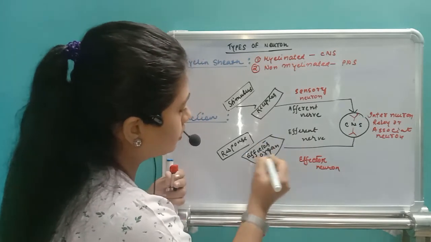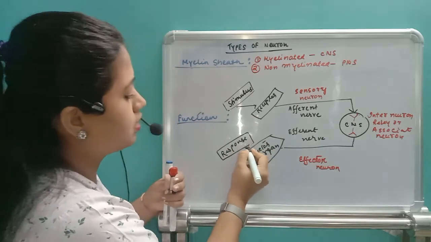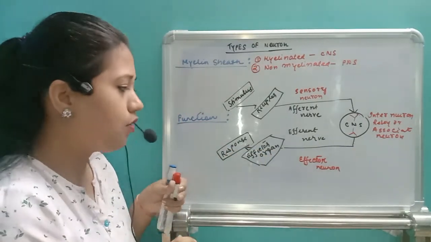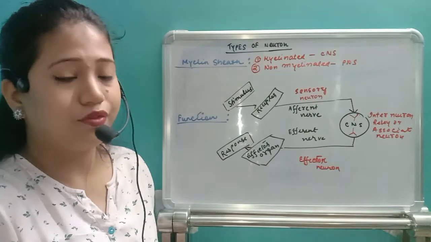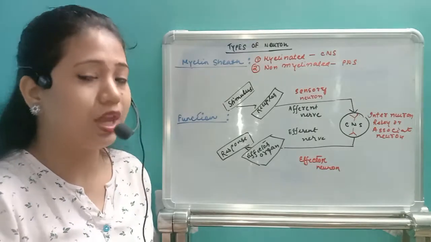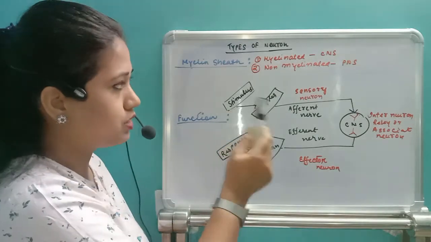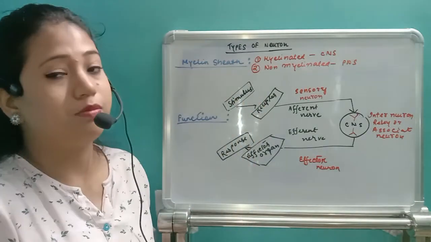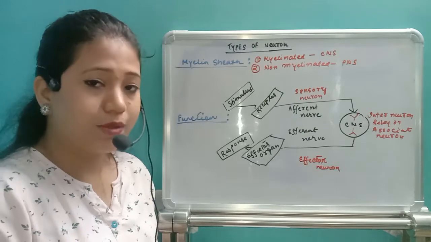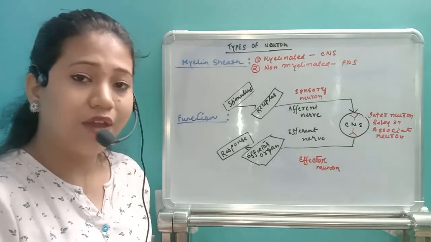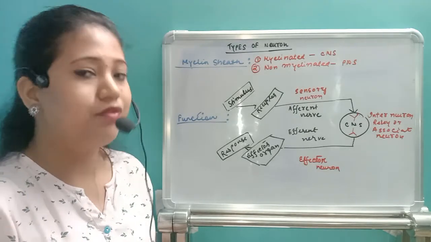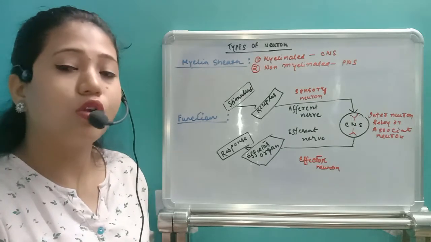Okay, so this is about the types of neurons we have. One type of neuron we have already seen depending on structure. Now we have seen the types of neuron depending upon the presence or absence of myelin sheath: you have myelinated neurons, or you may have non-myelinated neurons also.